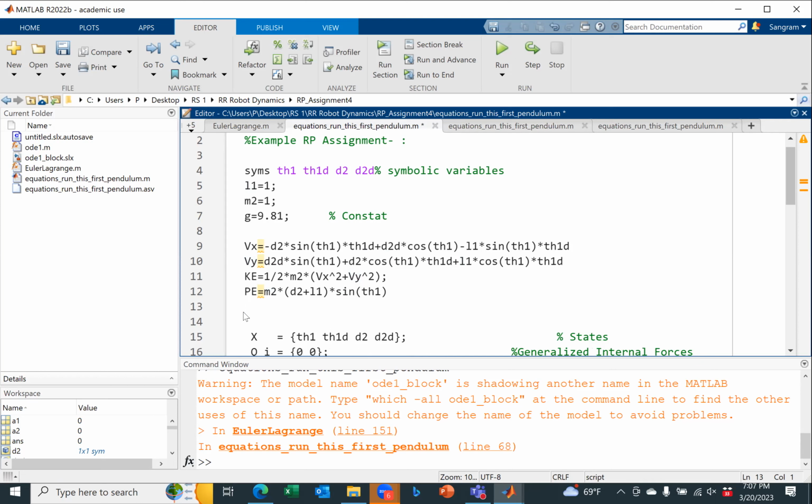If the robot would have been in the horizontal plane, then the potential energy would be zero. But the way I have drawn it, I have drawn the robot like this, so that's why I have found the potential energy.